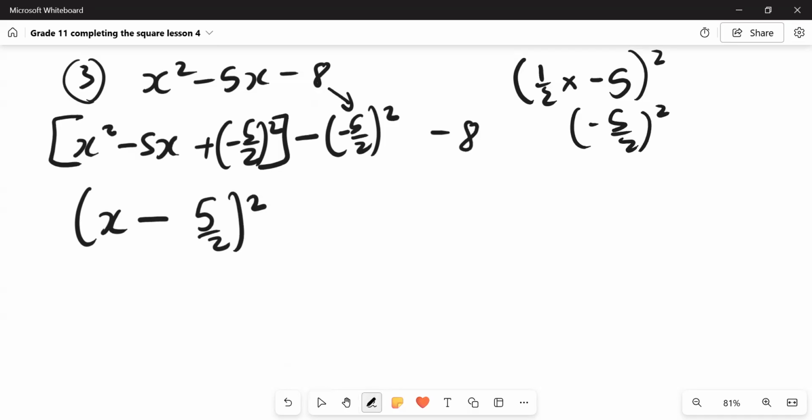And then from here, we have to take care of this. And this will give us 25 over 4. And then minus 8. So one would say, why are we having 25 over 4, but this is negative and negative?